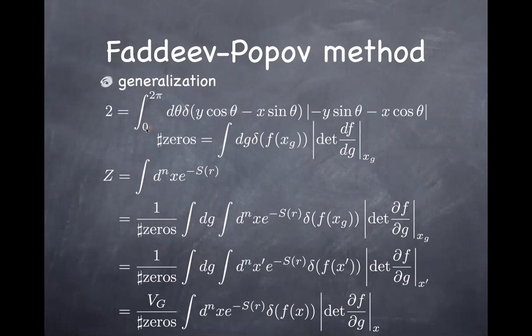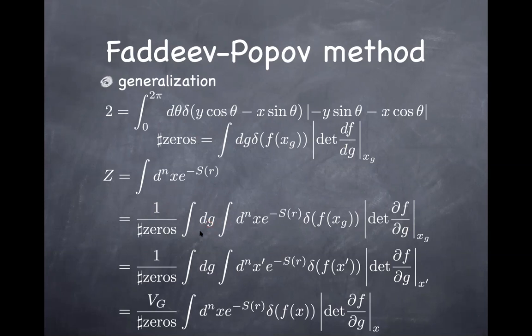So having now this identity that this integral over g with this measure is supposed to return just a number, I stick this integral into this. So this dg delta function with a Jacobian is supposed to give you just the number of zeros, which is canceled by the prefactor.